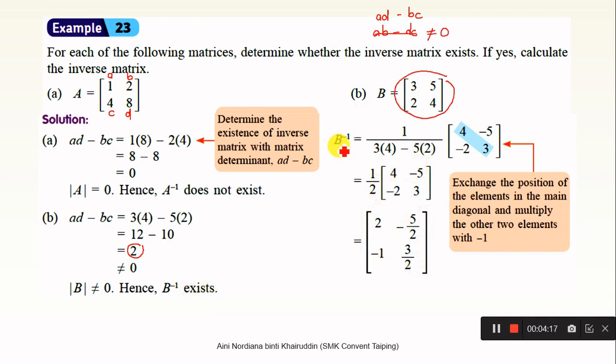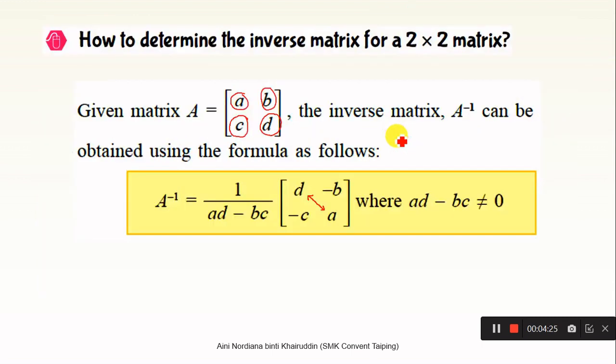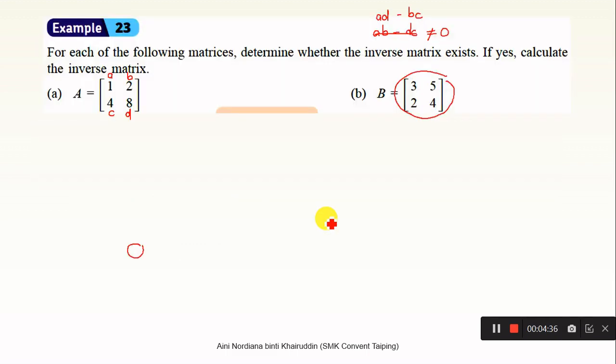So for the inverse of matrix B, we just use the formula just now: 1 over AD minus BC, and then multiply with this matrix.